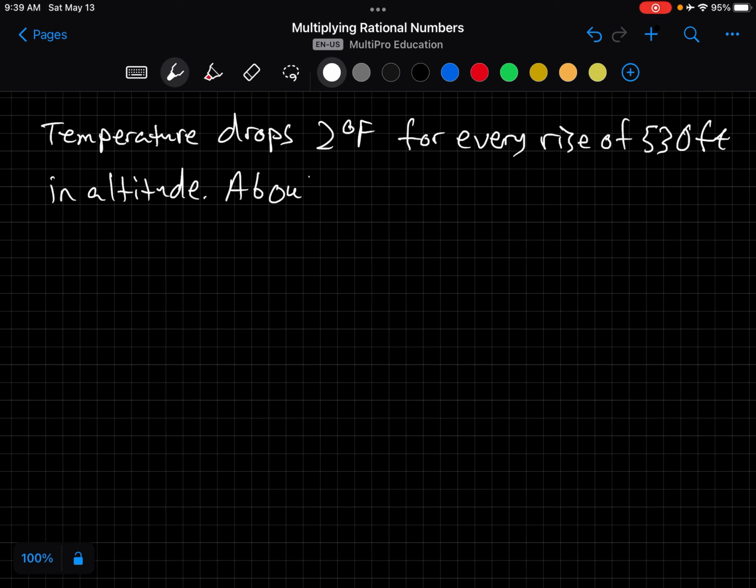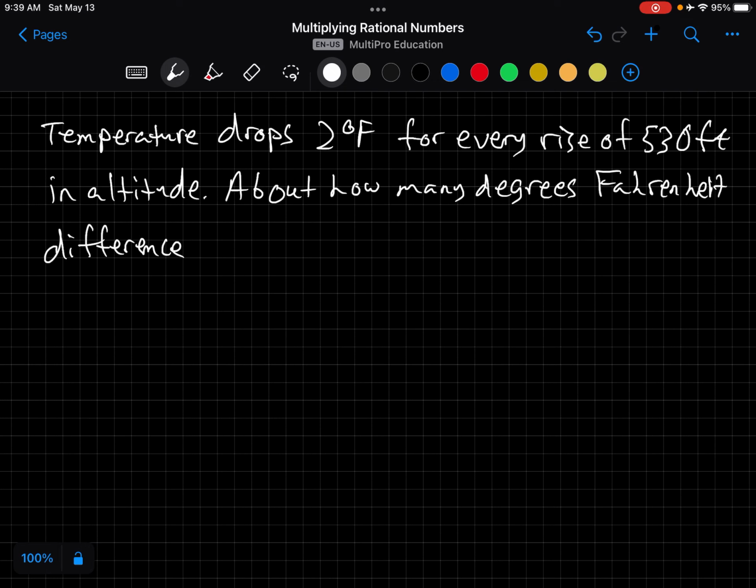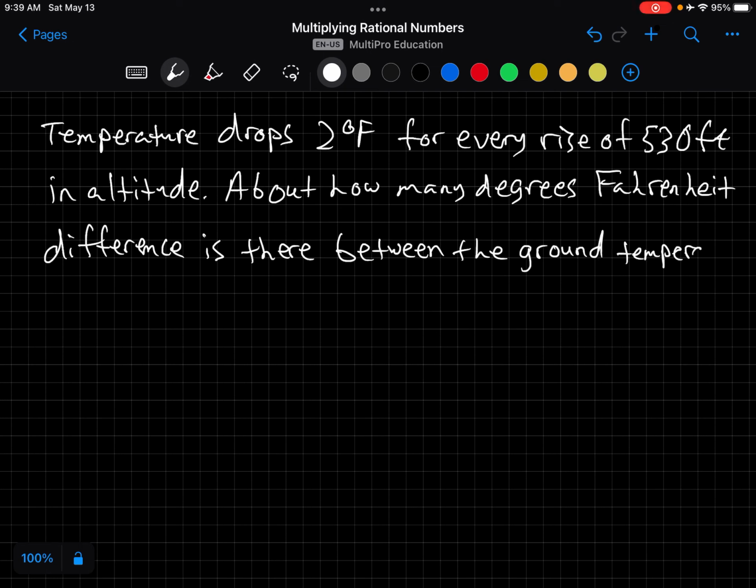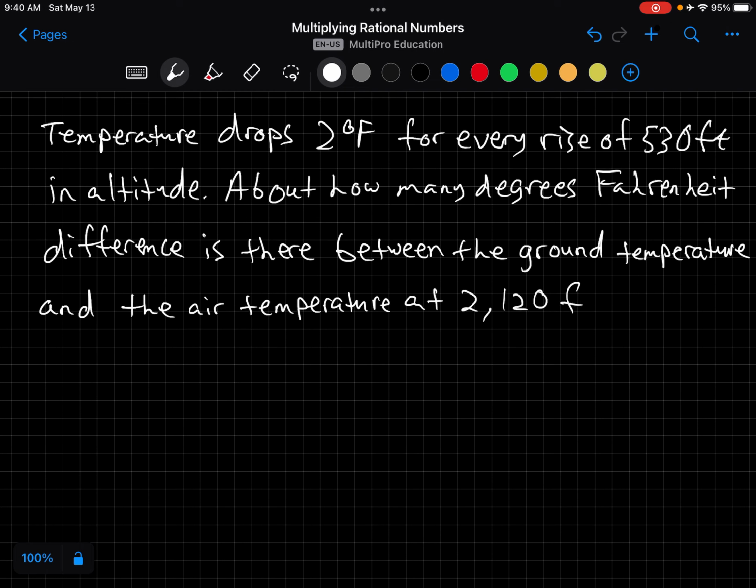Okay, and we want to know how many degrees Fahrenheit difference is there between the ground temperature and the air temperature at 2,120 feet of altitude.